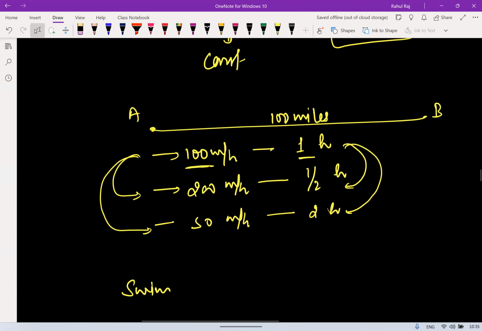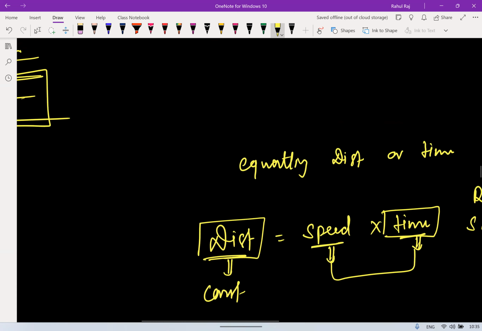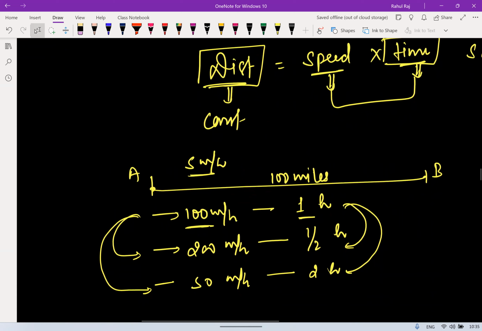If it says that in a river, you have to swim from A to B at 5 miles per hour, so the speed is just 5 miles per hour. You will not be considering the speed of water at all. The flow of water speed will not be considered. So relative speed is not part of GMAT, and that's the reason this chapter in GMAT is not tough at all. It all depends on how you read the question and how you equate your problem.